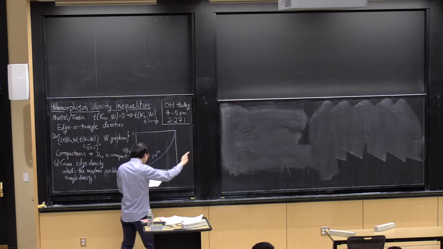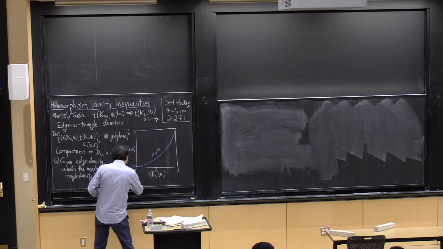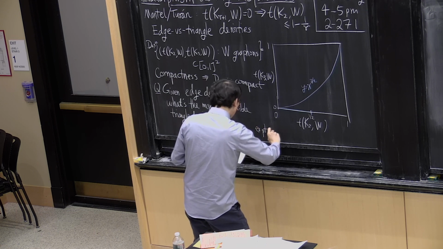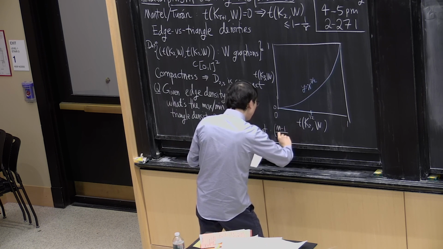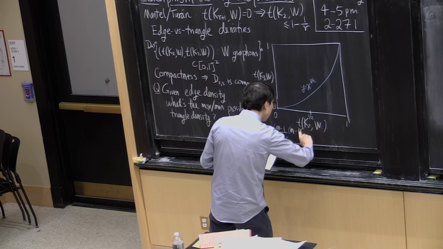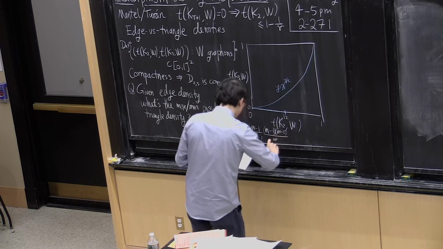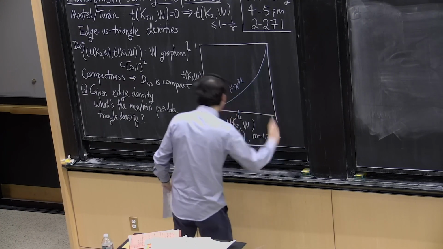Now, if you go to the other values of m, you find that those points, so the extreme points, are of the form (m minus 1)/m, (m minus 1)(m minus 2)/m squared for positive integers m.